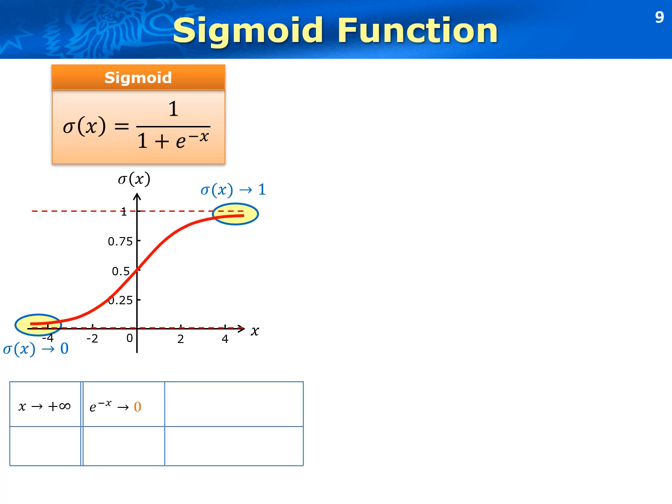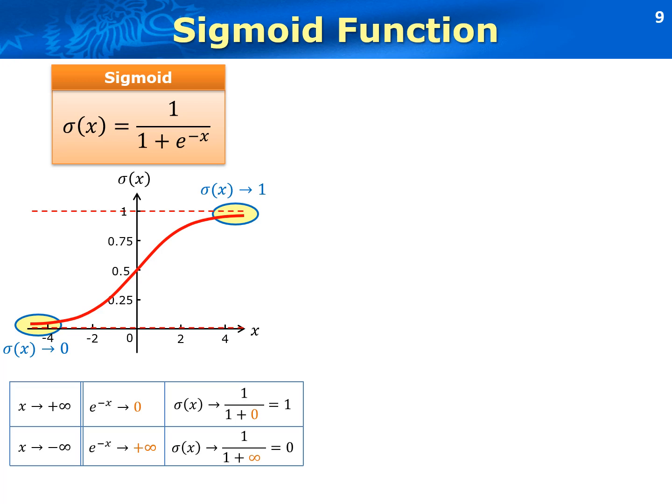Plugging this into the sigmoid function, sigma of x approaches 1 over 1 plus 0, whose result is 1. Similarly, when x tends to negative infinity, the exponential of minus x approaches positive infinity, leading to the denominator of the sigmoid function being extremely large. Thus, the sigmoid function approaches 0.